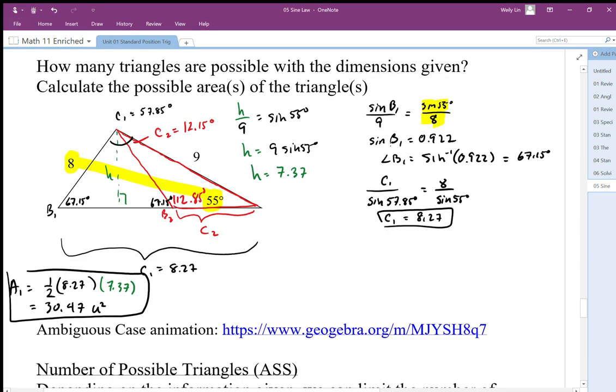Using that 12.15 degrees, I'm going to find the length of C2. C2 over sine of 12.15 degrees is equal to, using the sine law again, my original angle and opposite side pairing, 8 over sine of 55 degrees.